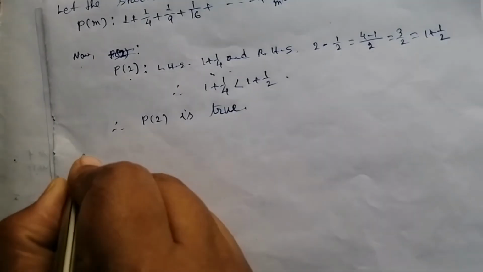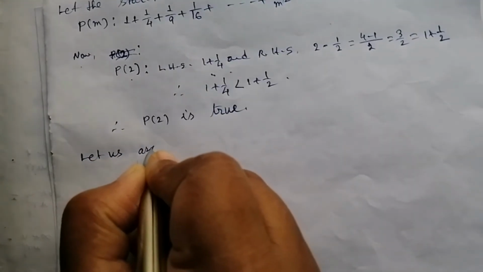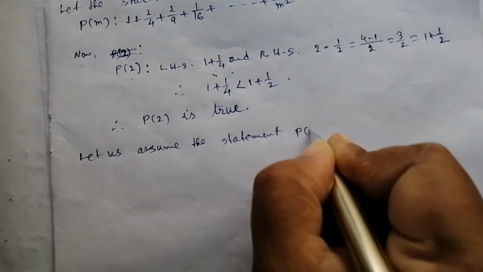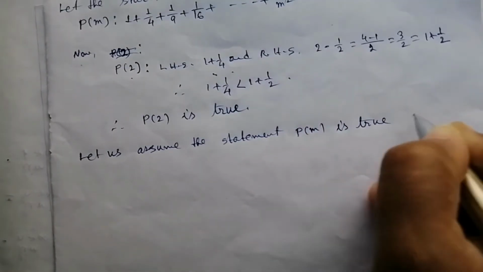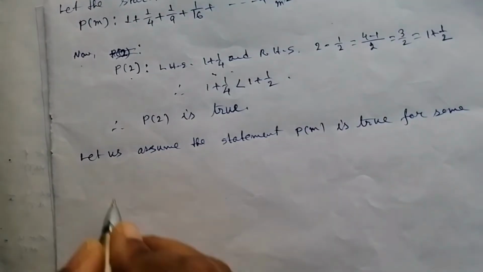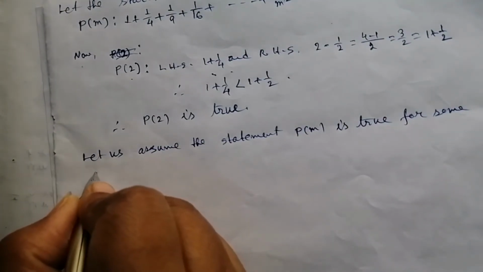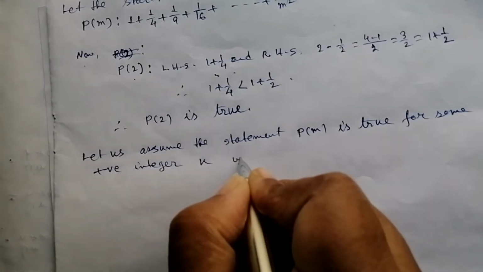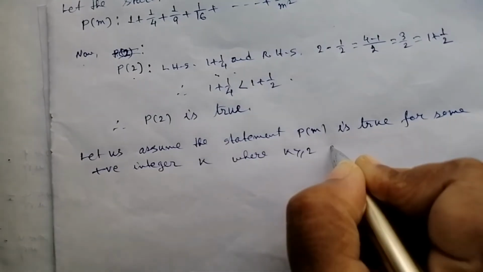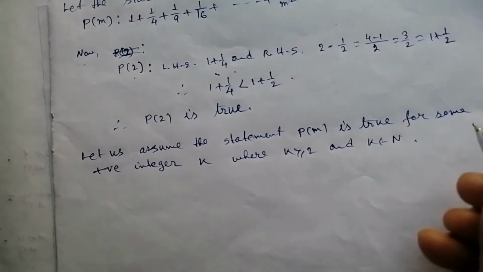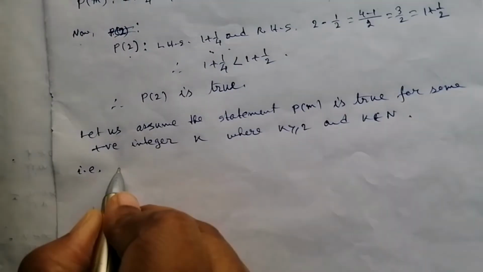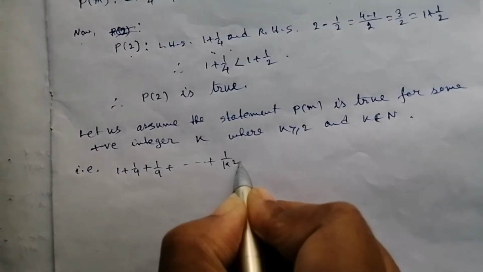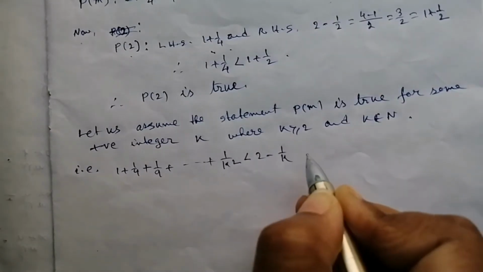Now, let us assume the statement P(m) is true for some positive integer k, where k is greater than or equal to 2 and k belongs to N. That is, 1 plus 1 by 4 plus 1 by 9 plus dot dot dot plus 1 by k square is less than 2 minus 1 by k.